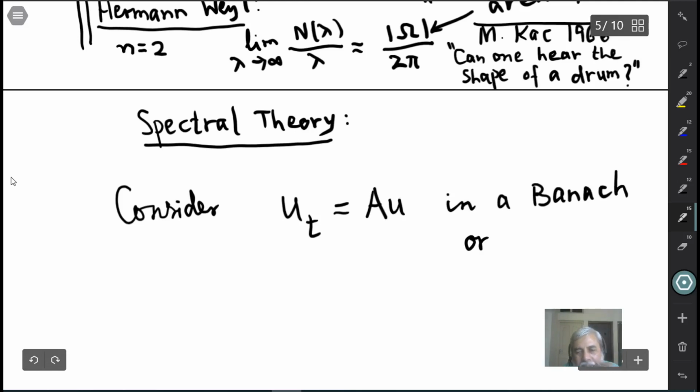So you have studied systems of first order equations, ODE. When it comes to PDE, we are moving from finite dimension to infinite dimension. So this A is a linear operator.